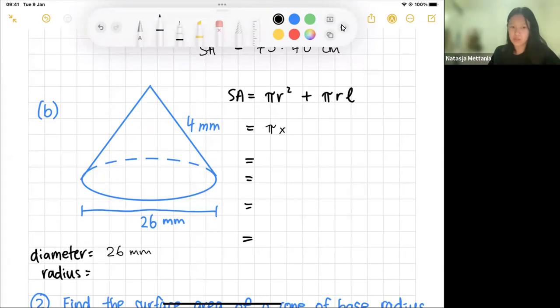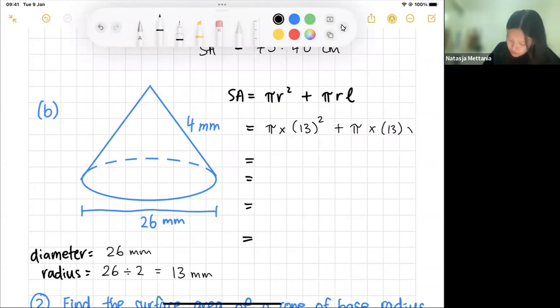Radius is half of the diameter, which is very important to know. 26 divided by 2 is 13. Let's sub that in. Our radius is 13, so 13 squared plus pi times 13 times our slant height, which is 4.